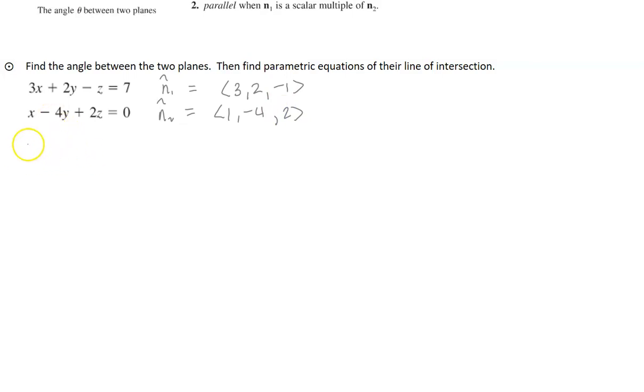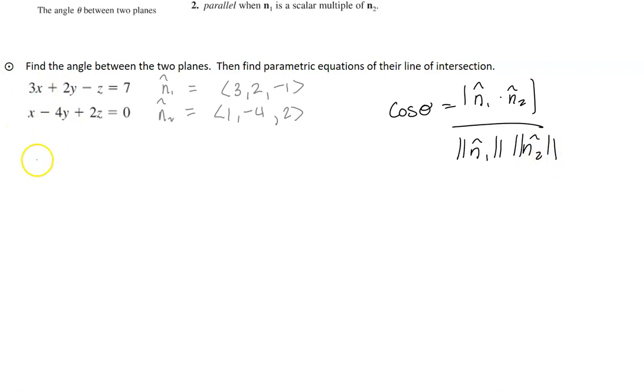The different pieces we need are the absolute value of n1 dot n2, the magnitude of n1, and the magnitude of n2. So I'm going to find all of those pieces.